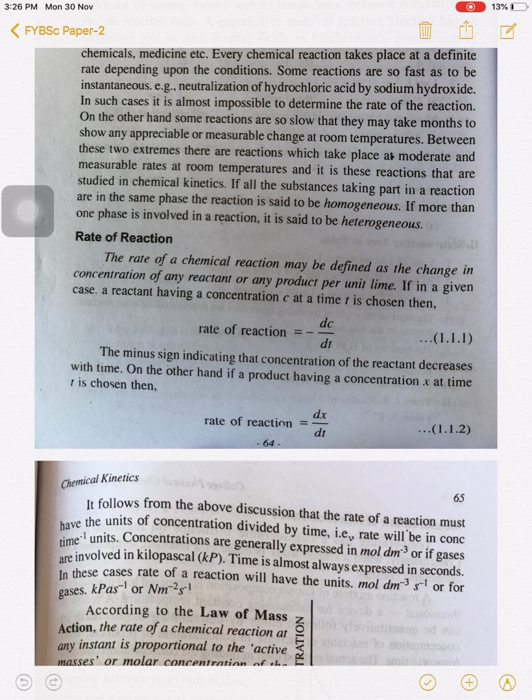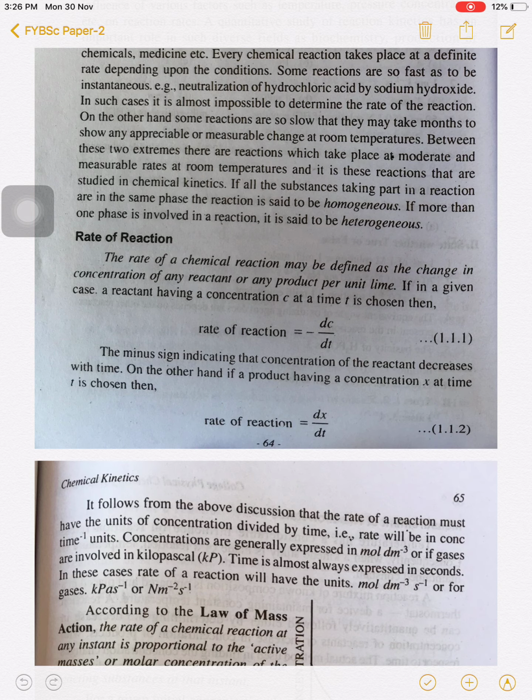But in case of the product, the rate of reaction is shown as dx by dt. In the first equation, the negative sign indicates that during the reaction the concentration of reactant decreases, but in case of product the concentration goes on increasing. Therefore there is no negative sign in the second equation.